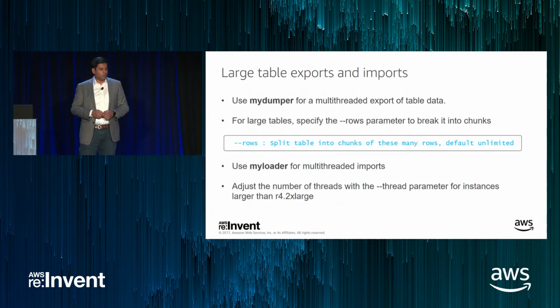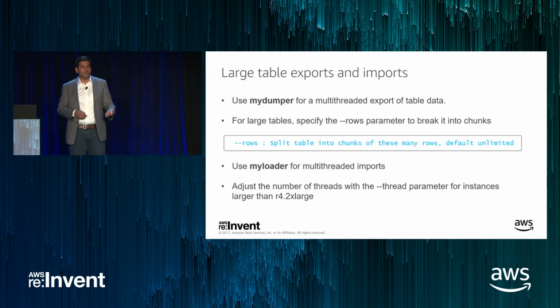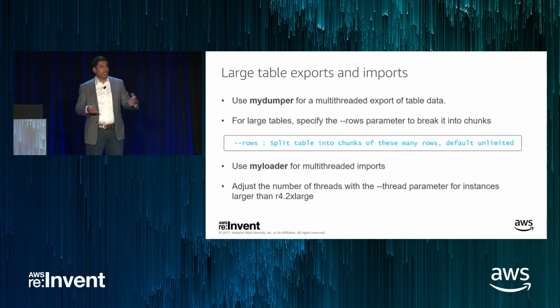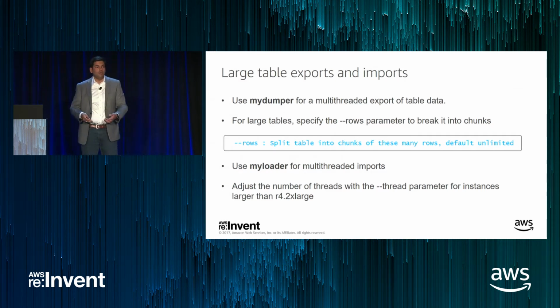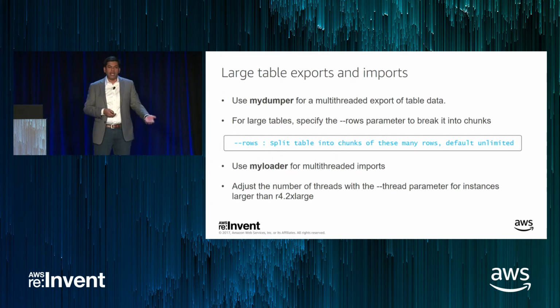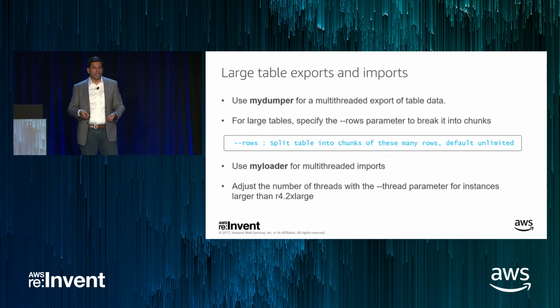One of the options with MyDumper is that you can use the rows parameter to specify how many rows should be in each chunk of your flat file. So you can take a large table and chunk it up into a certain number of smaller pieces, and your exports become faster because they are going through multiple threads. Similarly, when you ingest it with MyLoader, you can specify the number of threads you want to use for importing your data.